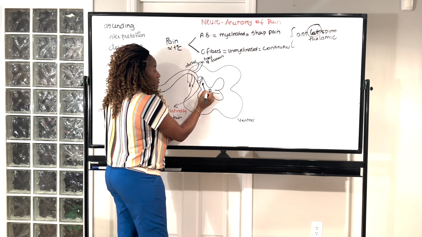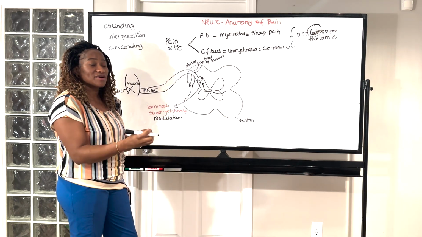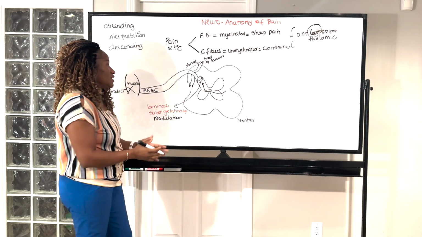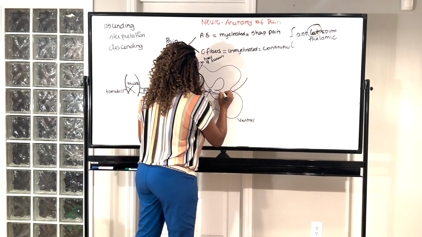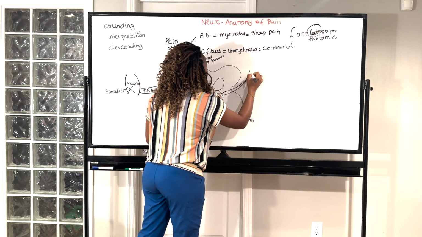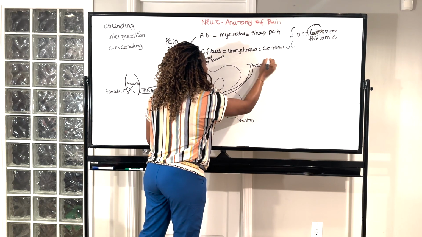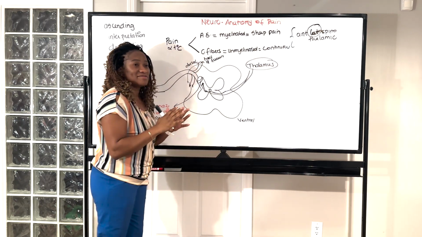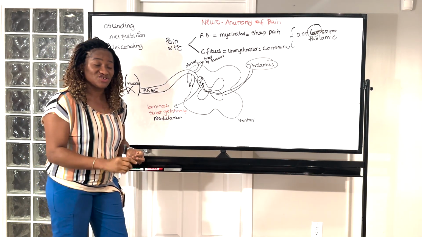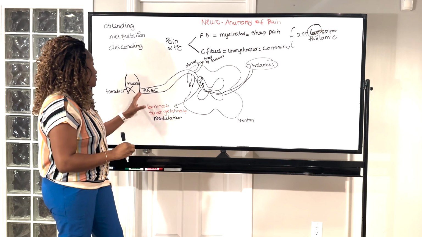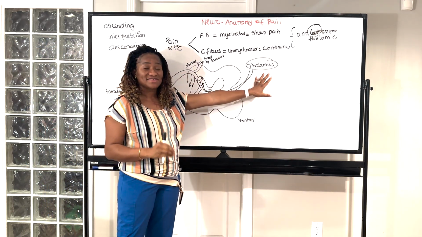The second order neuron is going to cross right here in the spinal cord. Remember, we talked about the crossing of the fibers. So these fibers are going to cross right here to ascend into the thalamus. Now, remember, the thalamus is the sensory headquarters for all the sensation except for smell. So all the sensation from pain and temperature as well is going to pass through the thalamus.